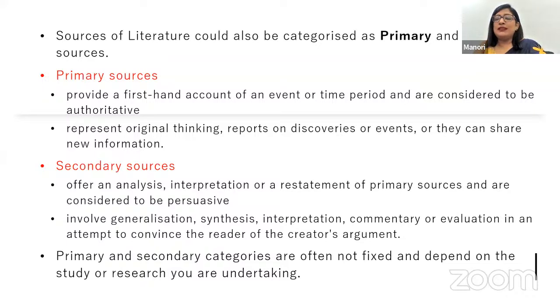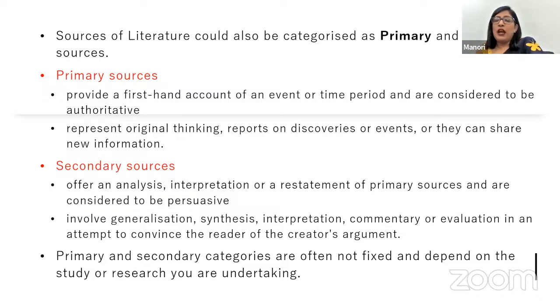When we read something, you have to have the capability to identify whether this idea has come from the original author, or whether this idea is being described again by some other author, the second author.